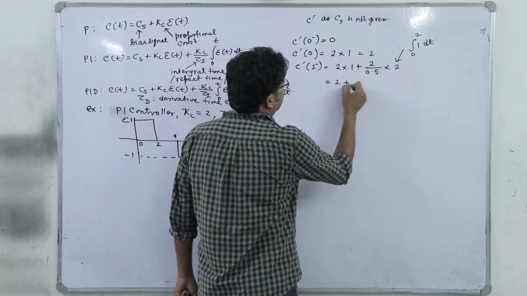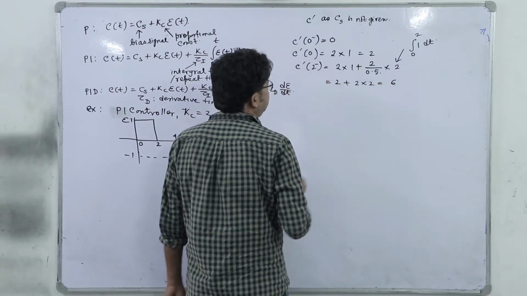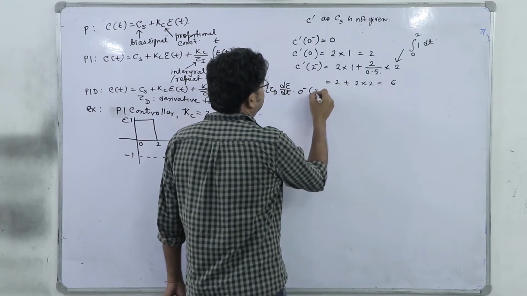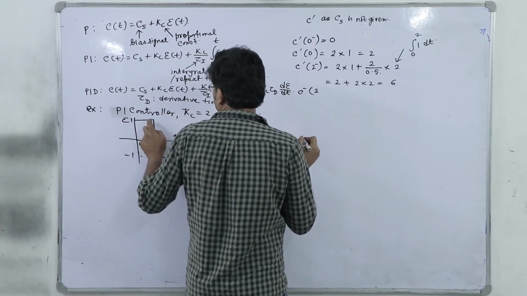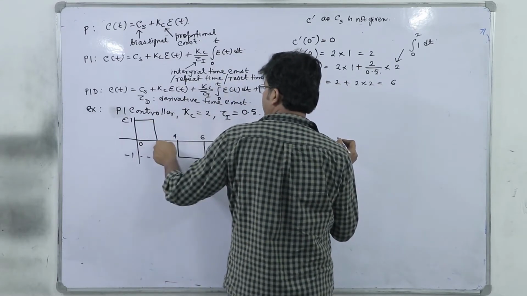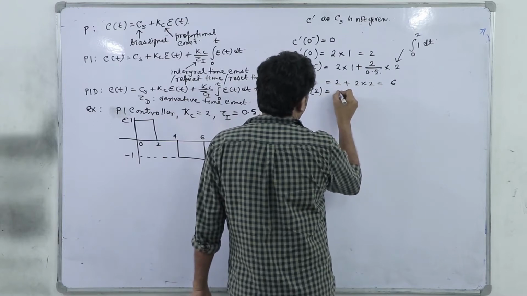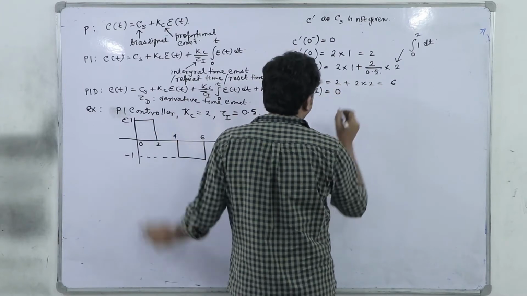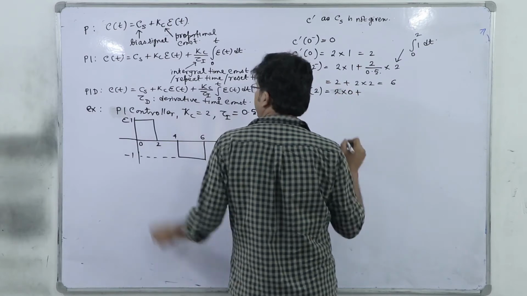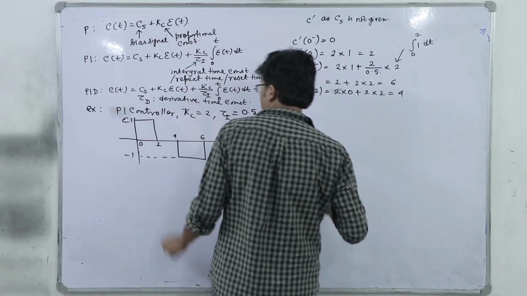So, it is 2 plus 2 into 2, that is 6, and it will grow linearly. Now, C prime at 2: the instantaneous value is 0, so it is 2 into 0, but the integral will remain. So, 2 into 2 is equal to 4.